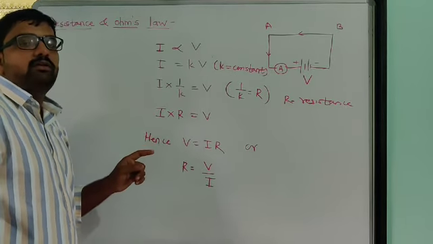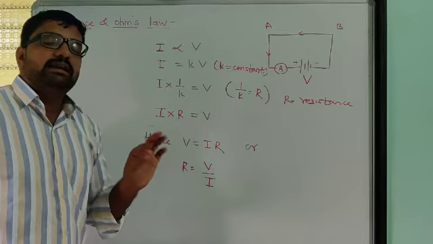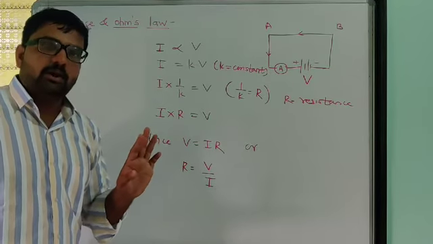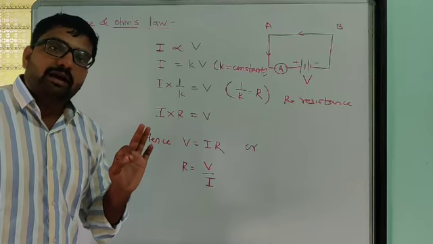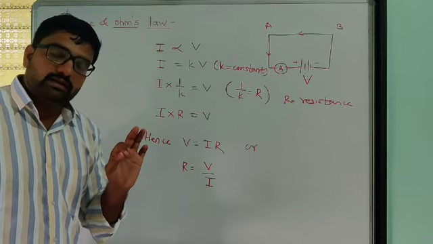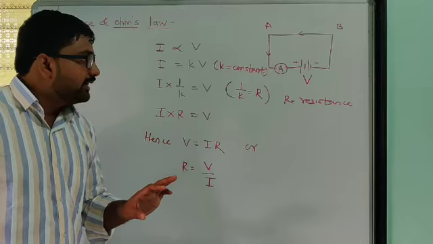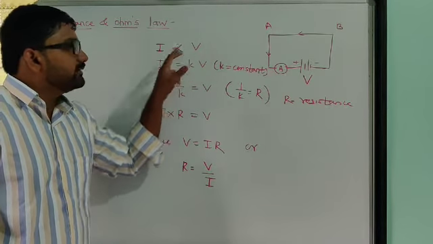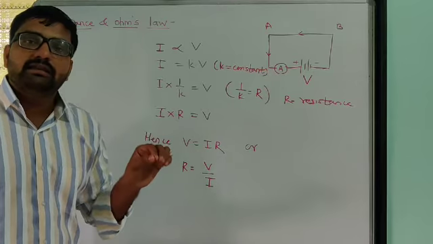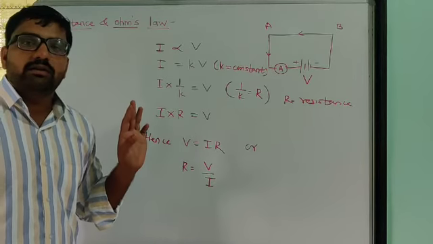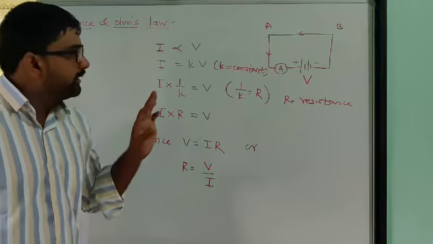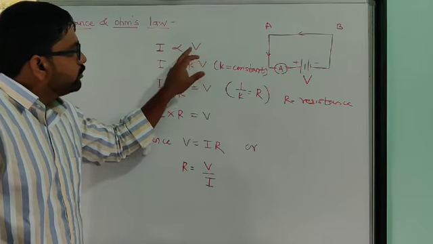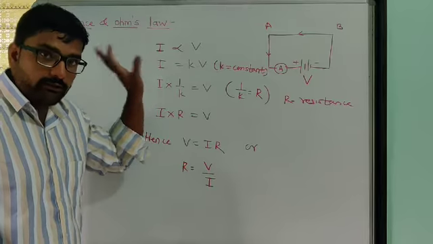The statement of Ohm's law is: the electric current passing through an electric circuit is directly proportional to the potential difference across the electric conductor or that particular circuit. So the current in a particular conductor is proportional to the potential difference.